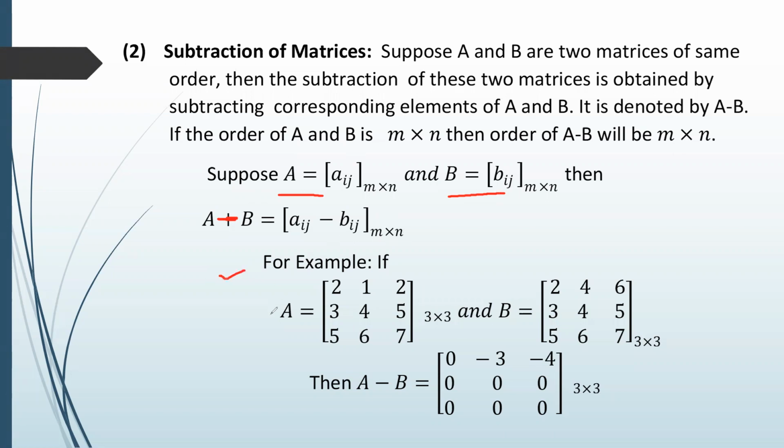For example, if we have a matrix A as 2, 1, 2, 3, 4, 5, 5, 6, 7, and a matrix B as 2, 4, 6, 3, 4, 5, 5, 6, 7. Then how do we find A minus B?